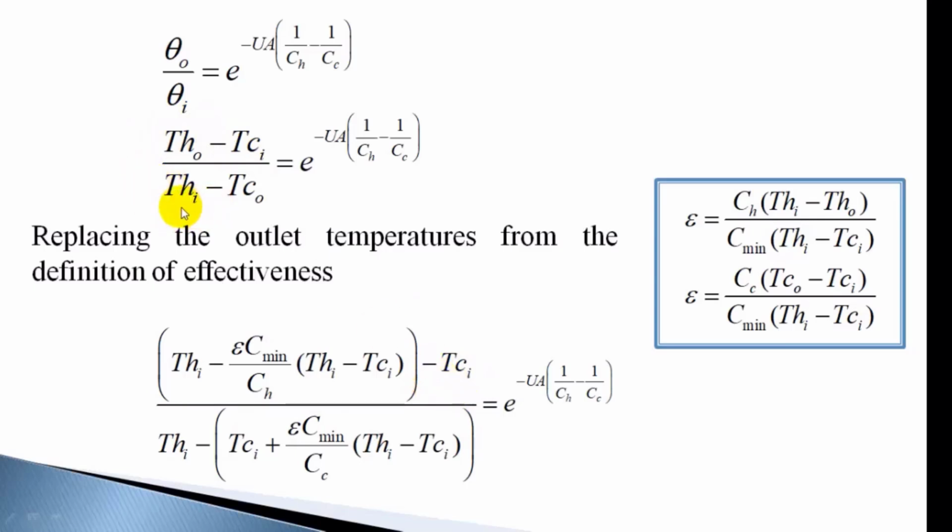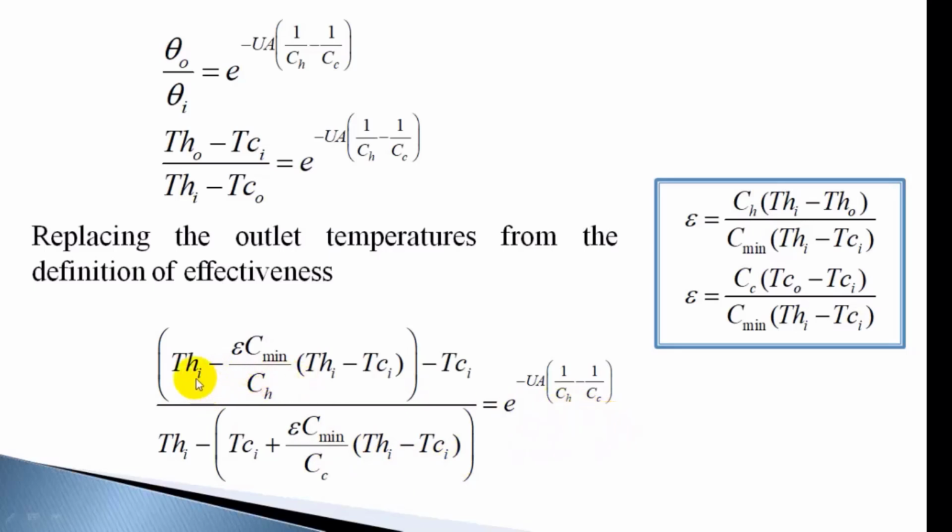Similarly, in the denominator you have Thi, and Tc naught I will replace from this. Tc naught is going to be Tci plus effectiveness into C minimum by Cc into Thi minus Tci. The right hand side is e raised to minus U into 1 by Ch minus 1 by Cc.